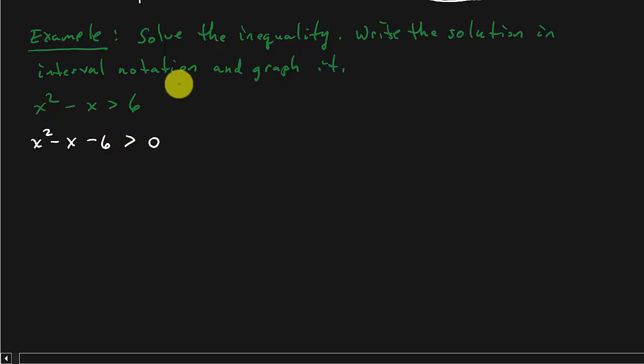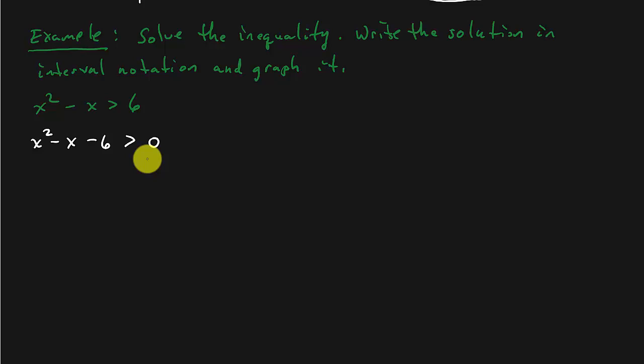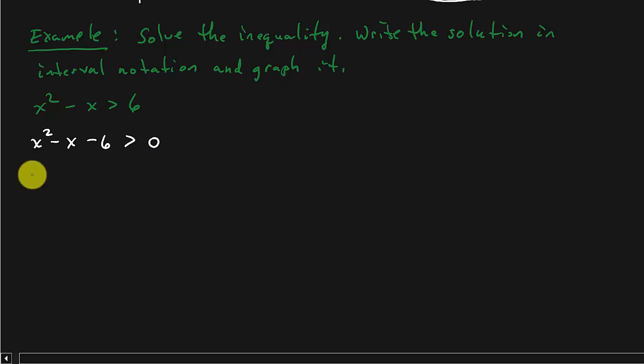Okay, now as far as these problems go, if you need some more on this, solving quadratic inequalities, just go search my channel, Solving Quadratic Inequalities, video just on its own. All right, so the first thing we want to do, set this thing equal to 0 and find the zeros.